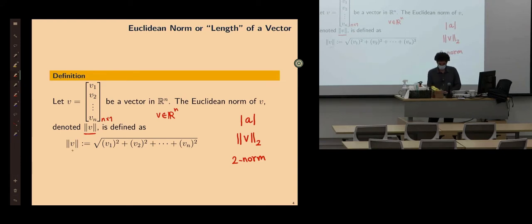So the norm is defined to be like this. We square each entry of the vector and then sum them up and then take the square root of that. And that will give you the magnitude.